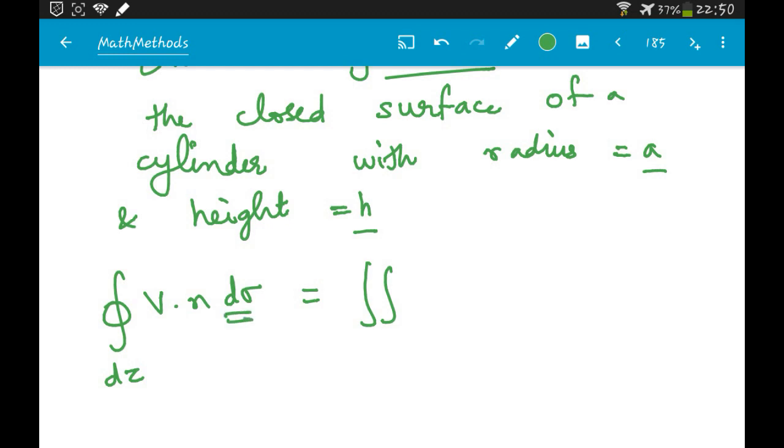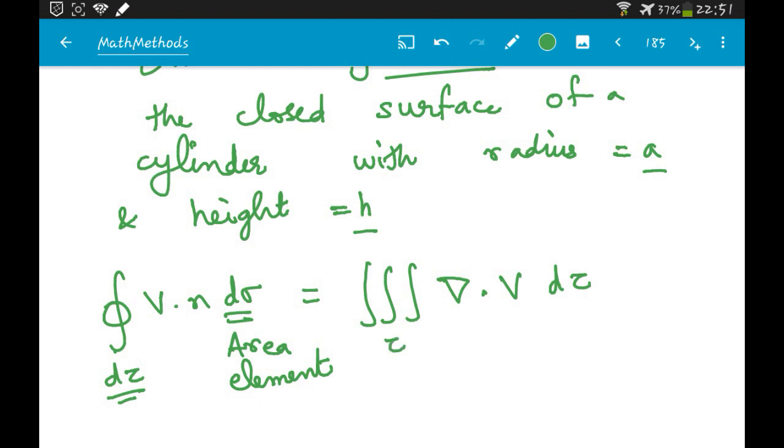This is an integral over the area element, so this is an integral over the area, and this therefore will be an integral over your volume of the divergence of V d tau. Okay, so integral over the volume.